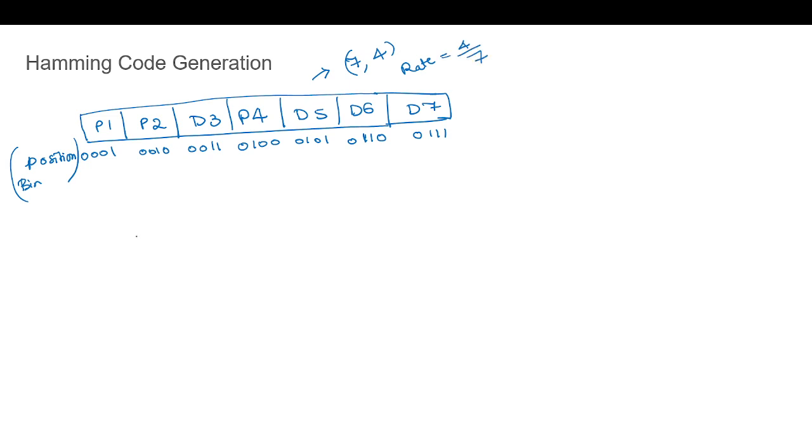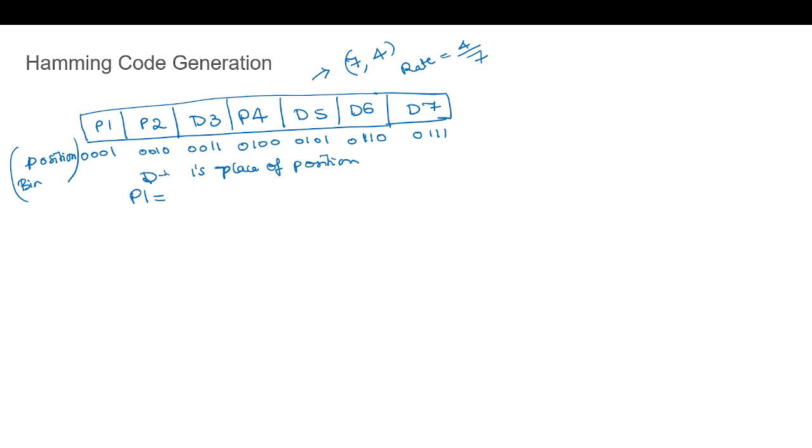And now to generate P1, we will consider the data bits with 1 in the one's place of position.